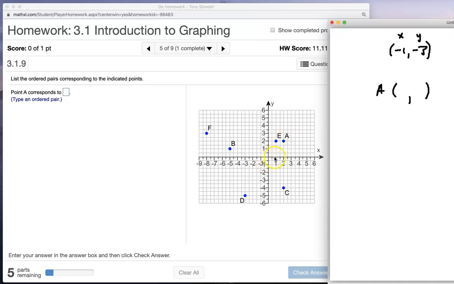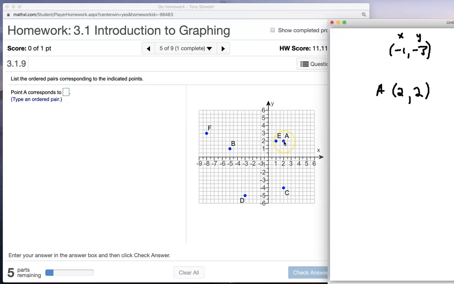You have to go horizontally until you get to the x coordinate of 2. So in order to get to A, we have to move over 2 units positive, and then go up 2 units, then we get to A. So we move over in the positive direction 2 units and then up 2 units.